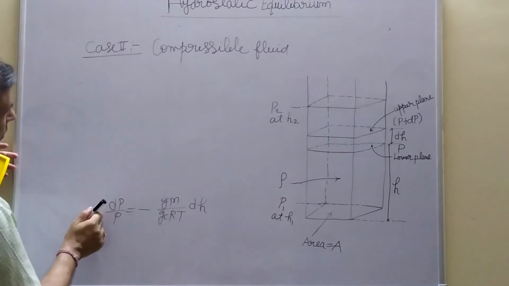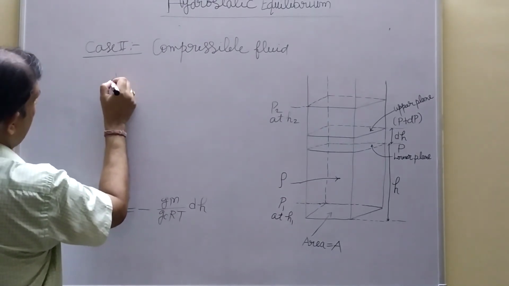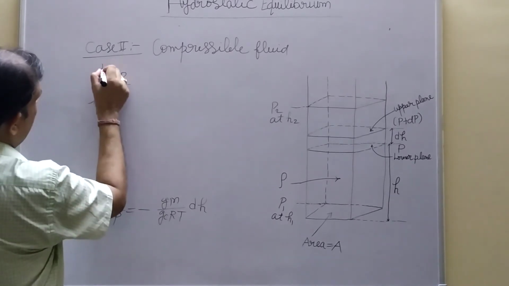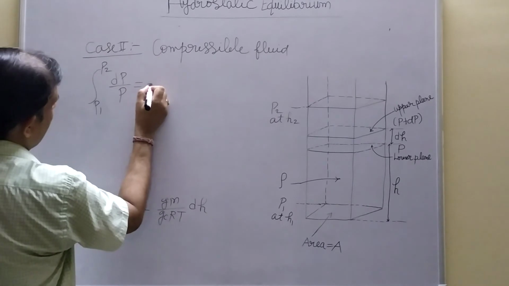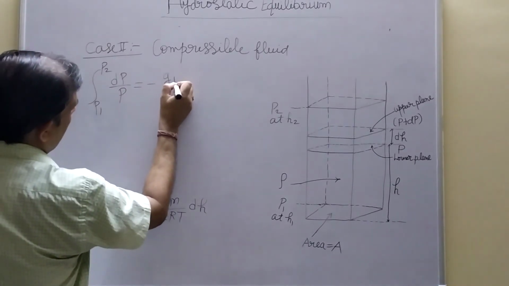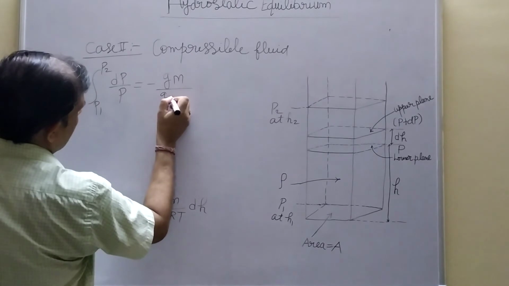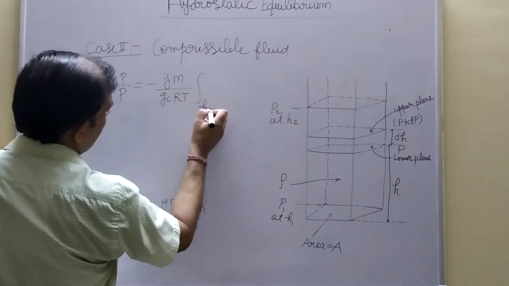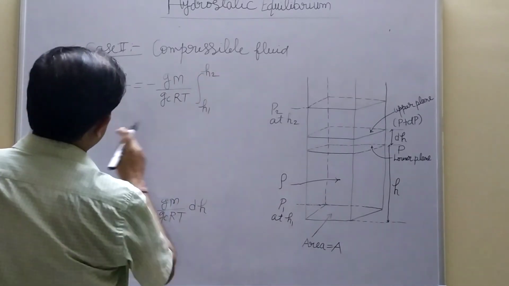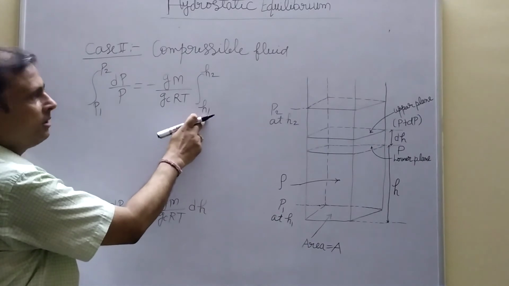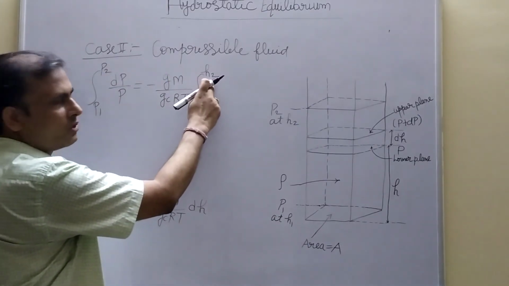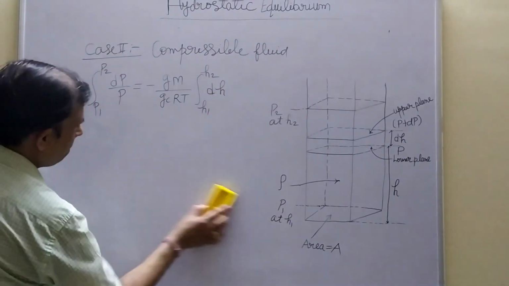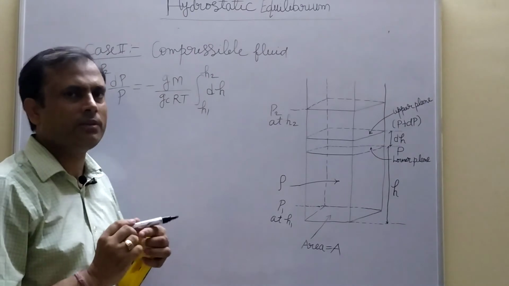So we are integrating this equation. dP by P integration varies from P1 to P2 equals minus g M by gc R T, and this varies from h1 to h2: P1 at h1, P2 at h2, and dh. Now we will integrate this equation.